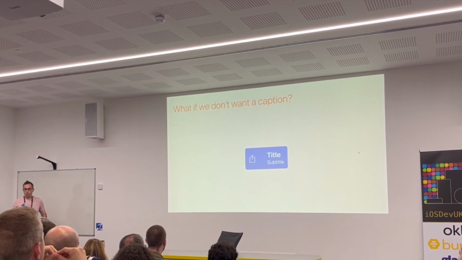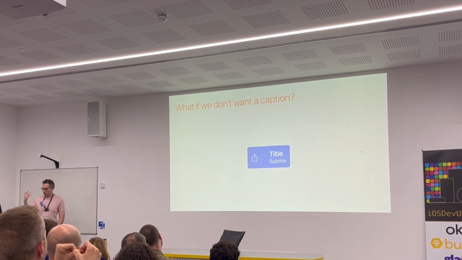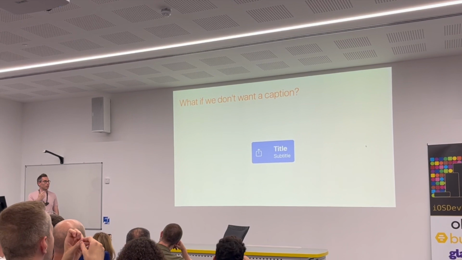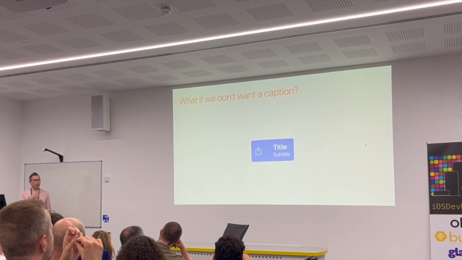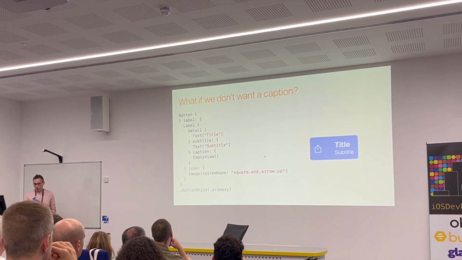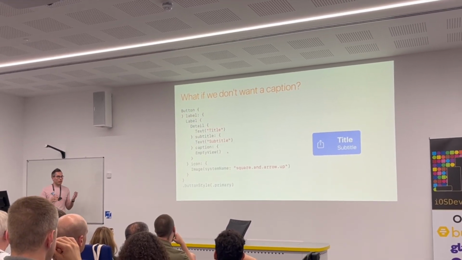What if we don't want a caption? Now, I said previously that some button styles might not want to show captions, but in this case, it's a user-defined thing. It's like, well, in this button, actually, I don't want a caption, so I'm not going to provide one. We can actually provide empty view, and that will just mean that everything's ignored.